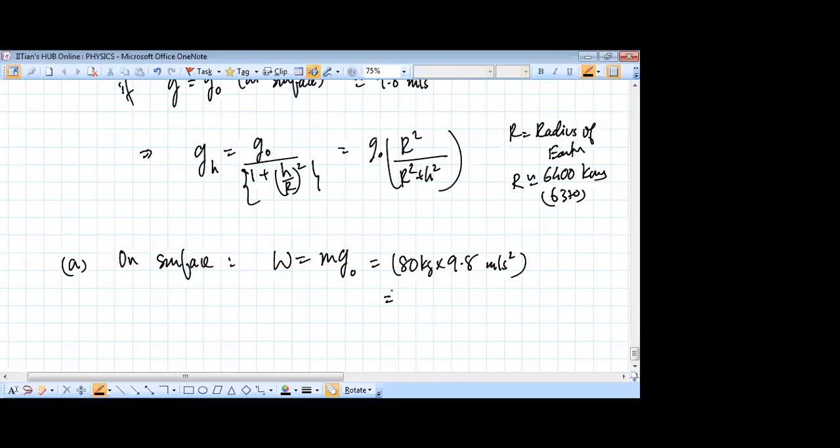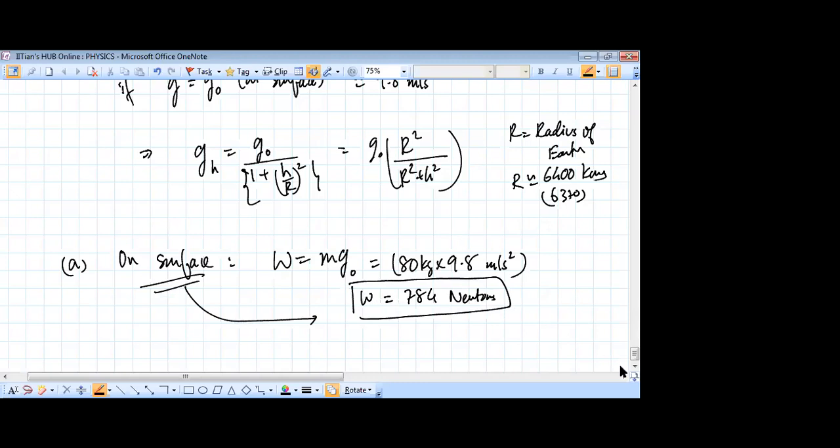So that will become 784 newtons. But this is on the surface of the earth.